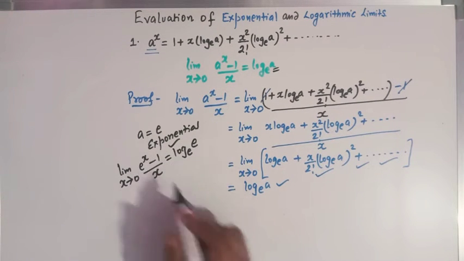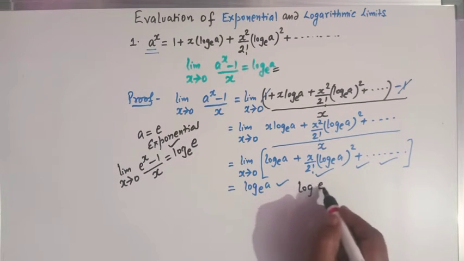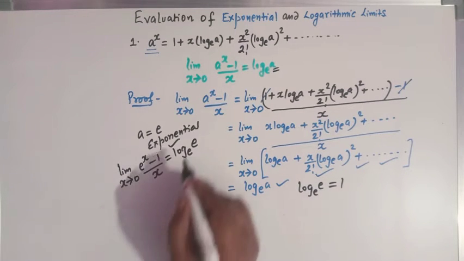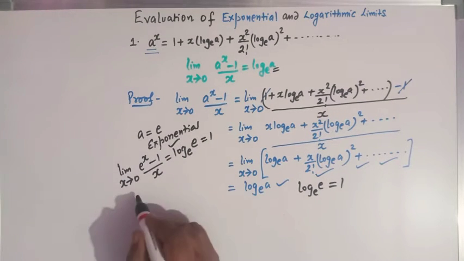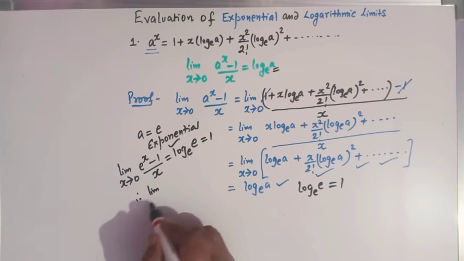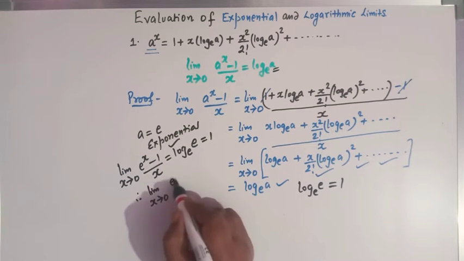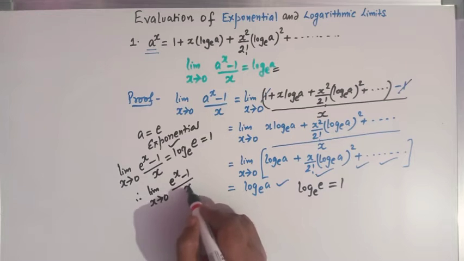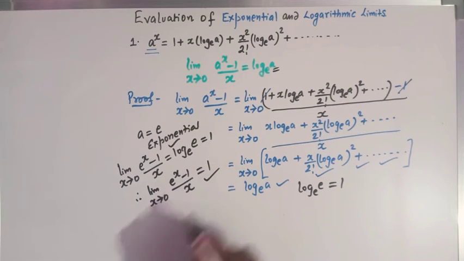And we know that log of e to the base e is 1, so this is equal to 1. So therefore limit x tends to 0 of e raised to x minus 1 divided by x is equal to 1, right?